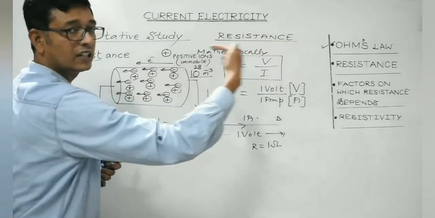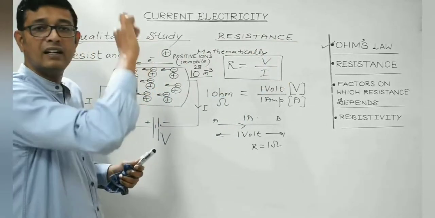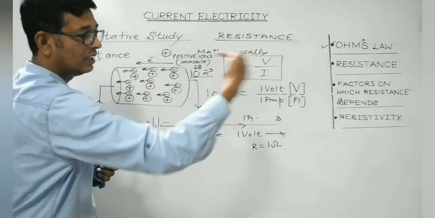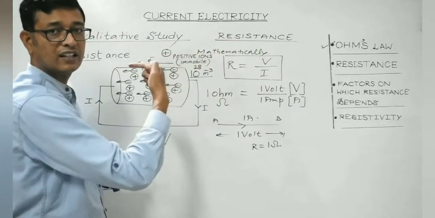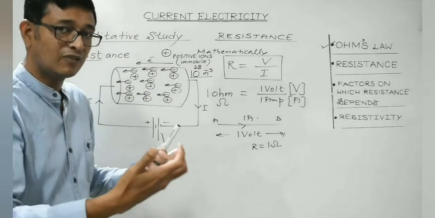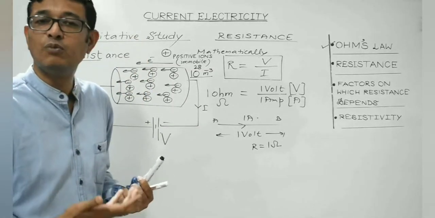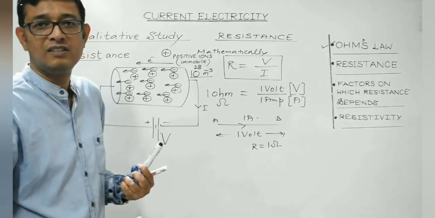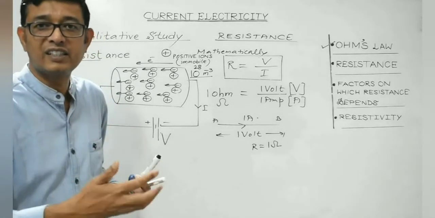The electrons are drifting in a particular direction and the ions are oscillating about their mean positions. When they suffer collision, naturally their motion gets hindered, opposed, restricted.